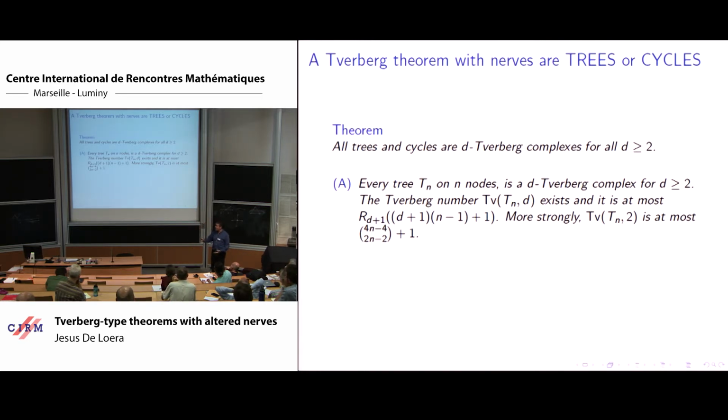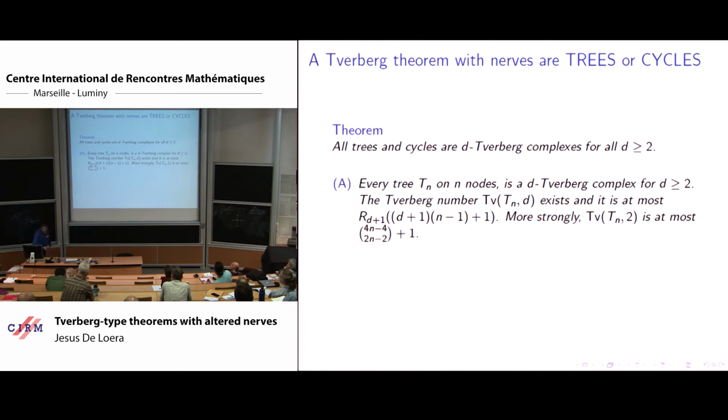It's much harder to compute, but we know that in the case of the plane, if you have (4n-4 choose 2n-2) plus 1 points, you will be able to partition those points and get any tree you want on n vertices. Is the theorem clear? There's always a partition that gives you any tree that you want.